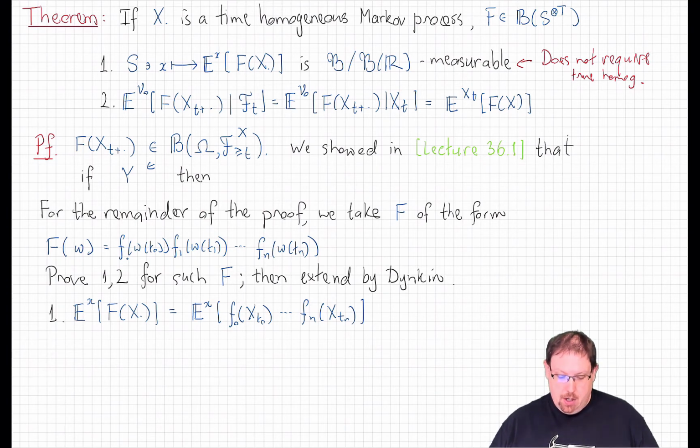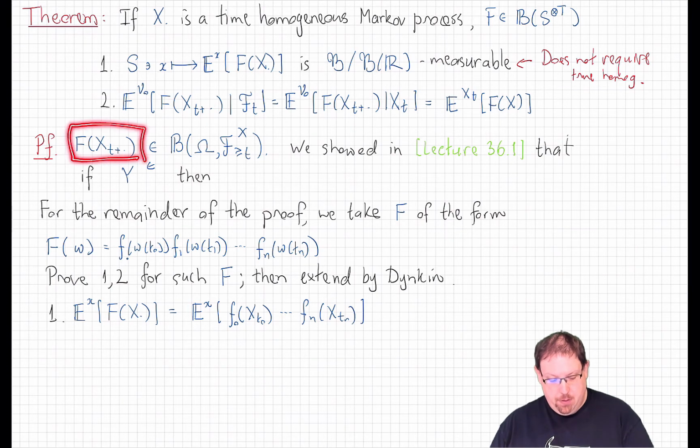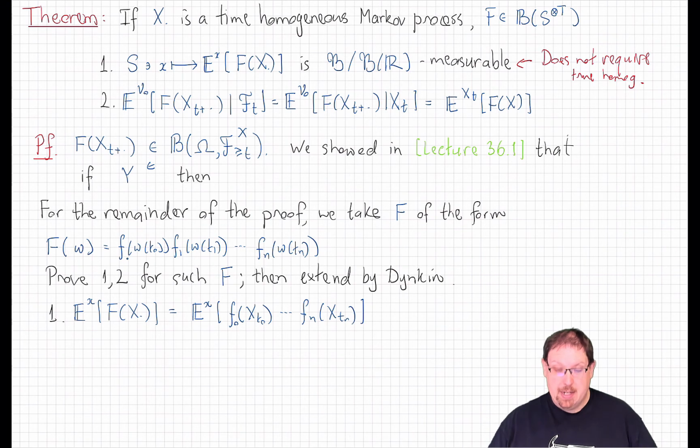So let's start, actually, by proving the first equality here. Actually, we've already done that, because this function of the process shifted by t units into the future is measurable with respect to the future sigma field past time t, essentially by definition of that future sigma field.